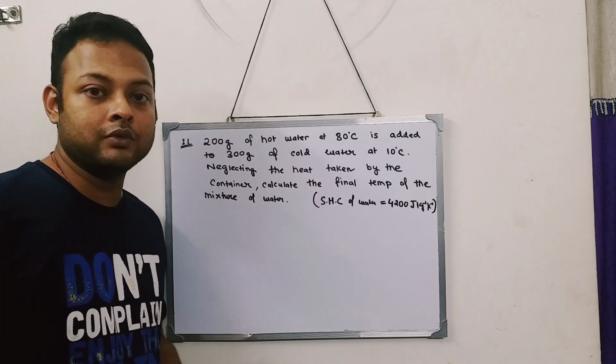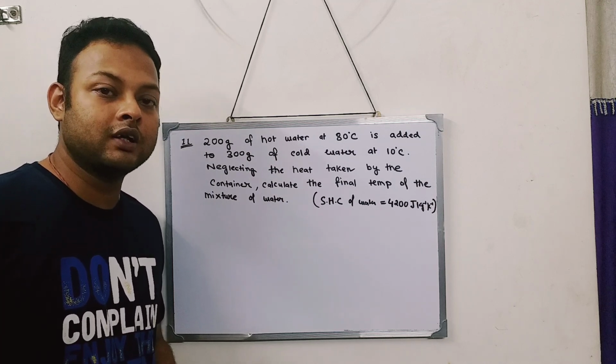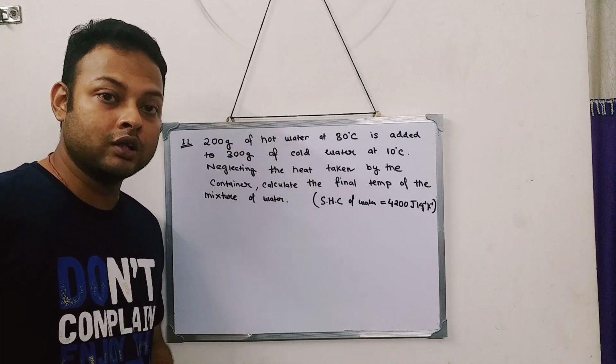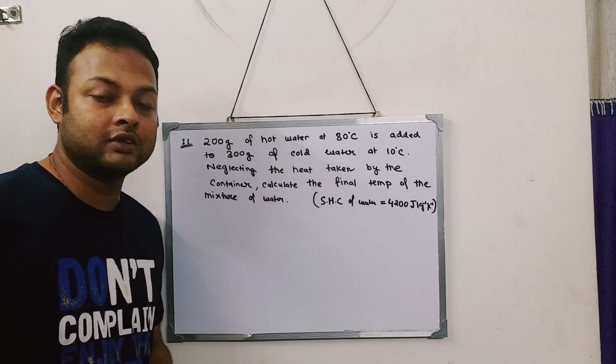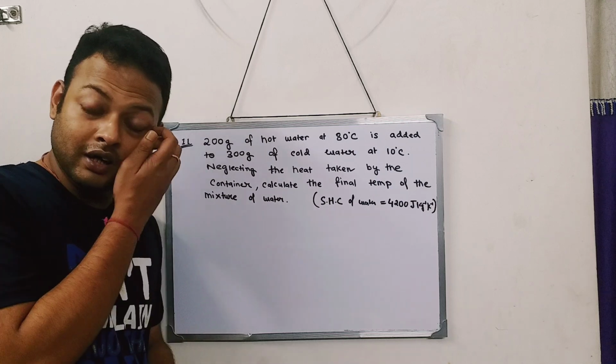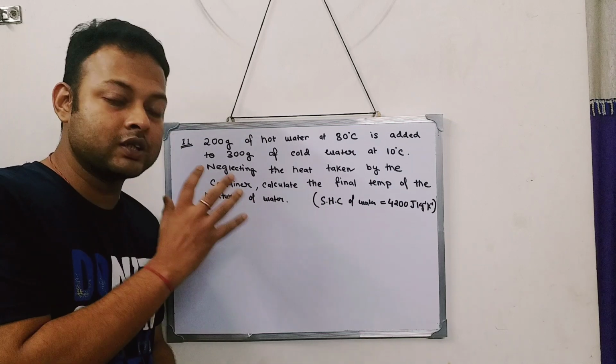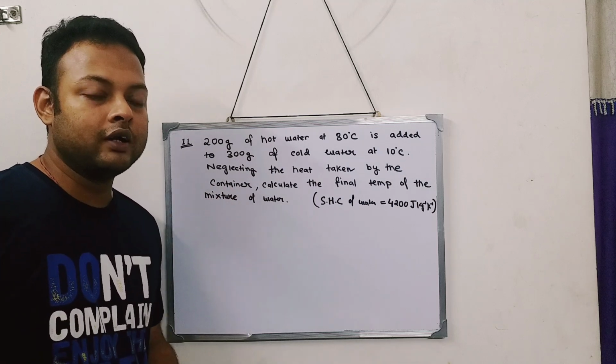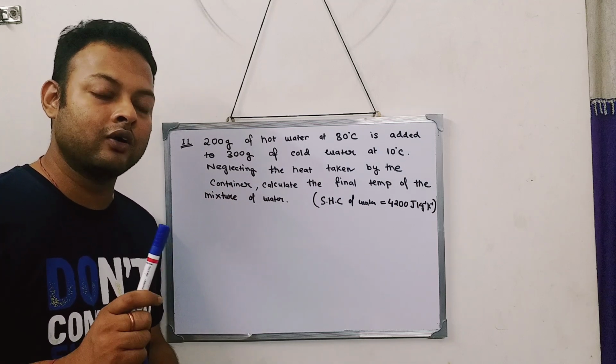But 80% of the time, the numericals which come from this chapter, calorimetry, are the hard ones, where you have to practice the difficult sums. So out of the five sums that I will do today, definitely any one or two will come.